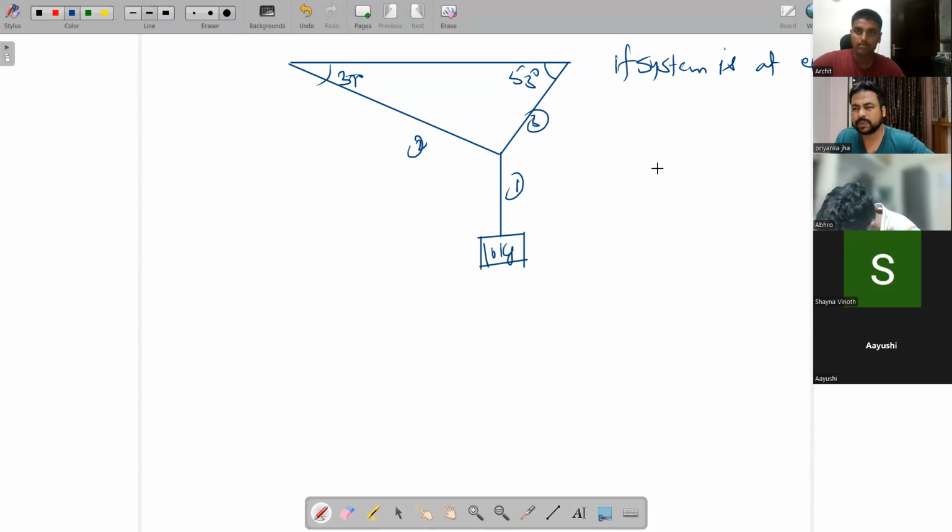So don't use that frequently. Basically, you just have to draw the FBD, break all the forces into components, and then balance. Take the sum as zero, then find the tensions in all these strings.